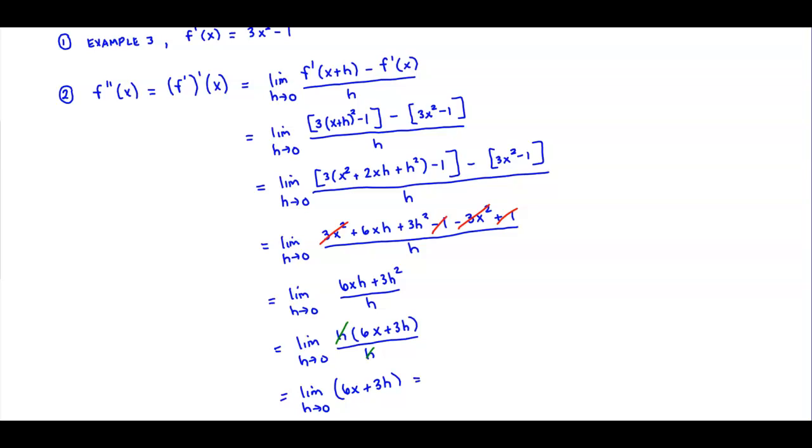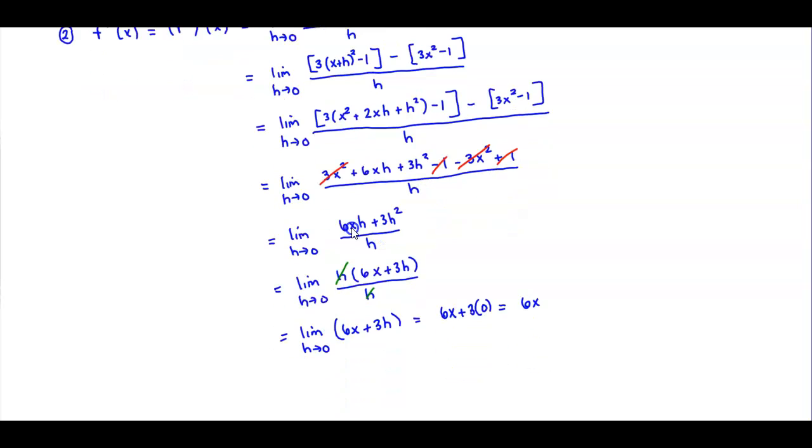Let's evaluate this limit. We have 6x plus 3 times 0, which gives us 6x. So f double prime of x is going to equal 6x.